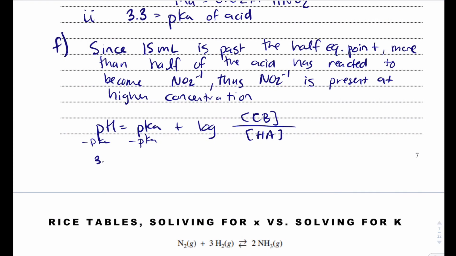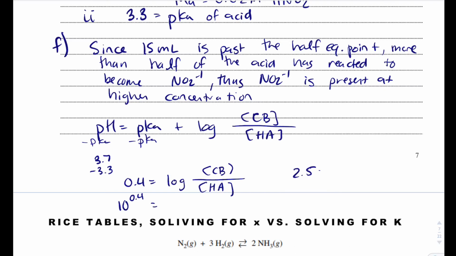So the pH 3.7 minus 3.3 gives you about 0.4 equals log of Cb over HA. To get the inverse of a log, you take 10, not e. If it's just log, you take 10 to the 0.4. And what that gives you is 10 to the 0.4 is 2.5 equals conjugate base divided by HA. And since this number is greater than 1, that means your numerator must be larger, which is your conjugate base. Okay, so we mathematically proved it as well.